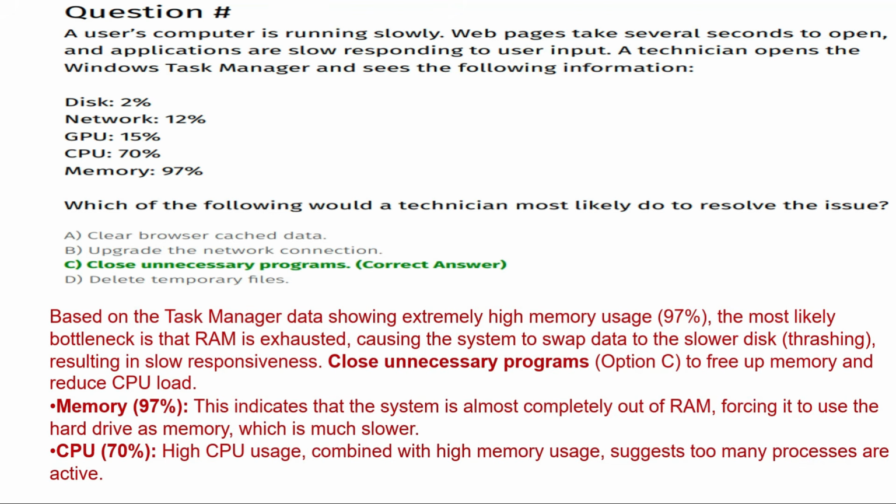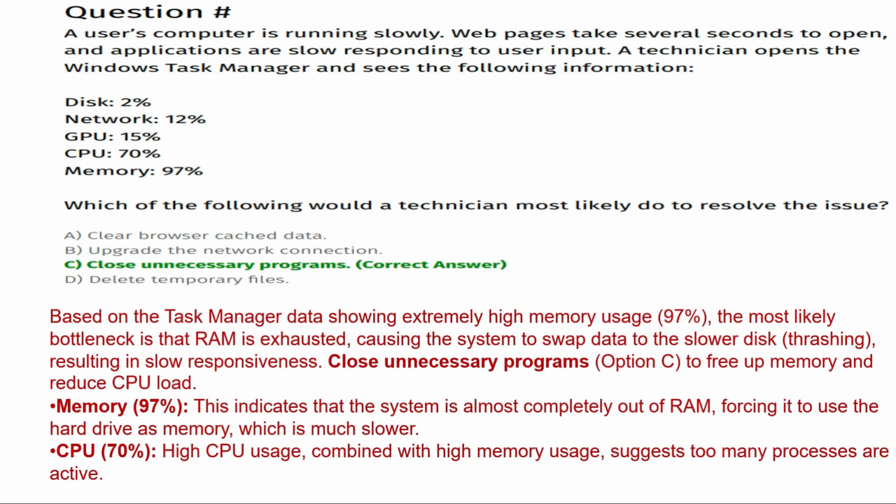So based on the Task Manager data showing extremely high memory usage, 97%, the most likely bottleneck is that RAM is exhausted, causing the system to swap data to the slower disk, thrashing, resulting in slow responsiveness. So close unnecessary programs, option C, to free up memory and reduce CPU load.